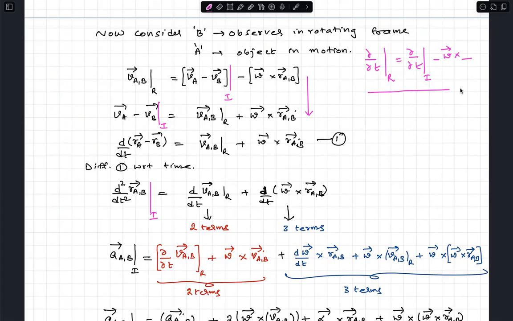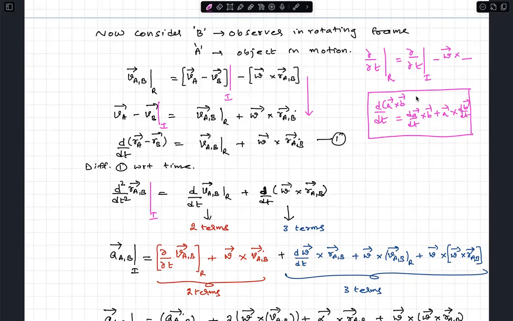I just want to add some basic points again. D by dt of A bar cross B bar is defined as dA bar by dt cross B bar plus A bar cross dB bar by dt.